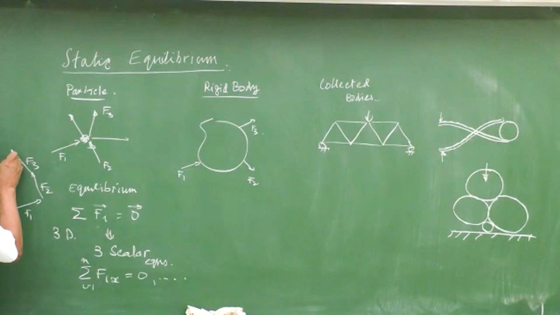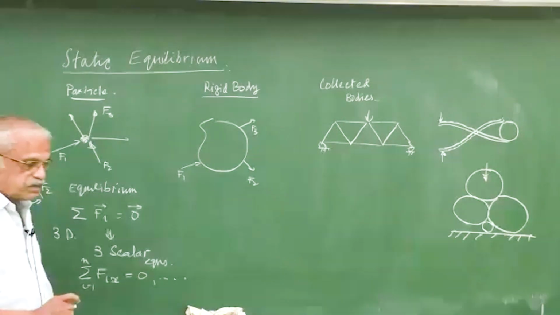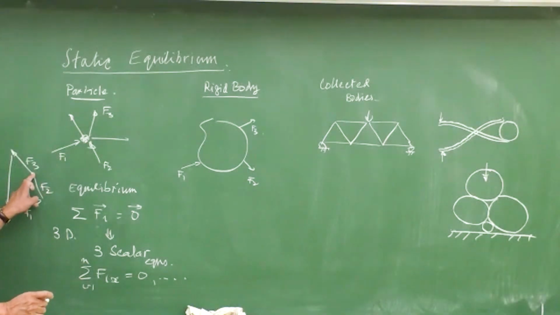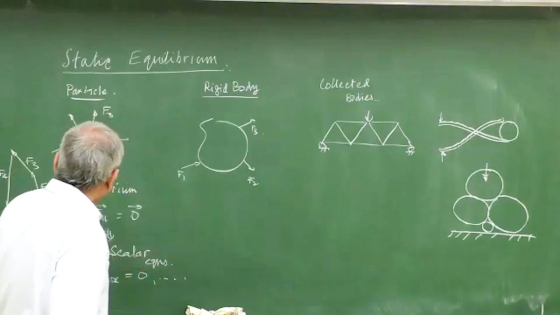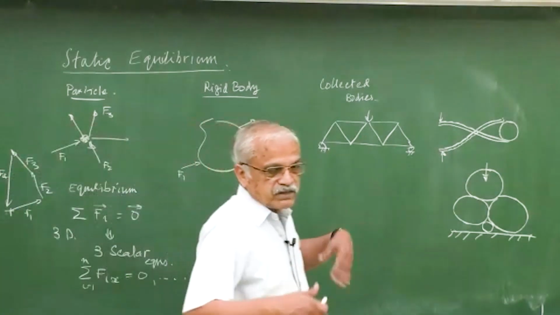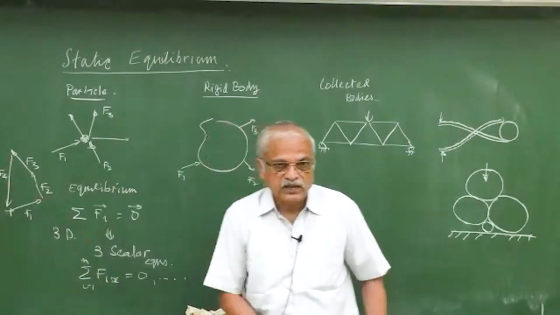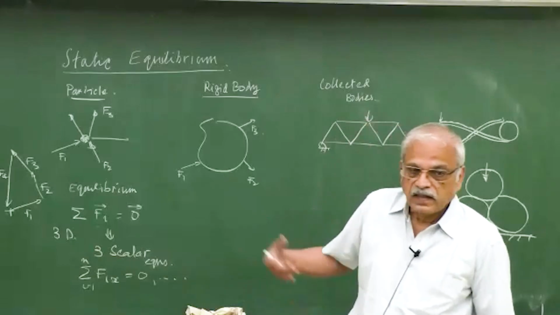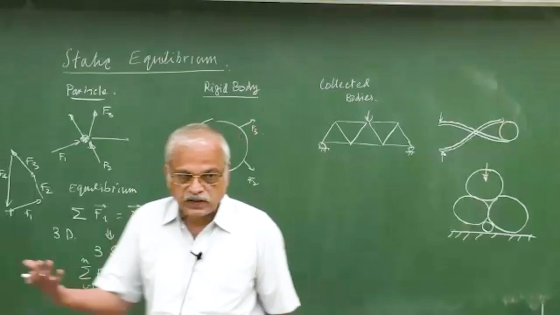So graphically, we can write like this. I hope you can see there's an F1, and add an F2 and an F3, F4. They will all come back to the same origin. So that way it's a closed polygon. Whenever you have forces like that, this is under the concept of equilibrium, right? If it is unclosed, that means there is a net force, it will cause motion, that is, acceleration.